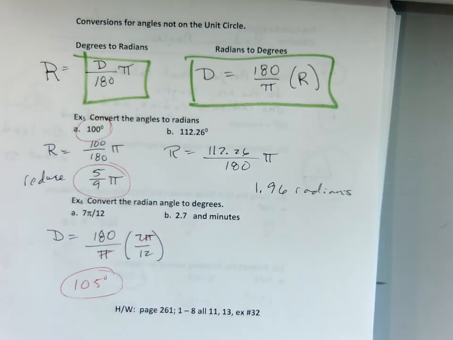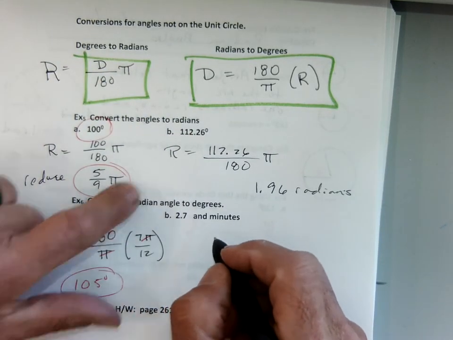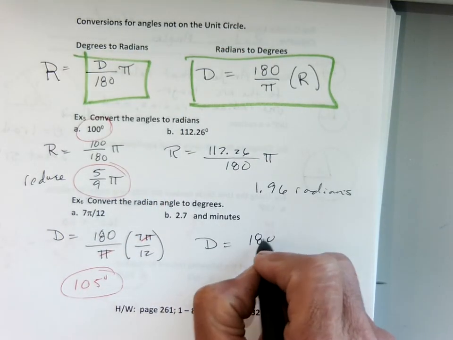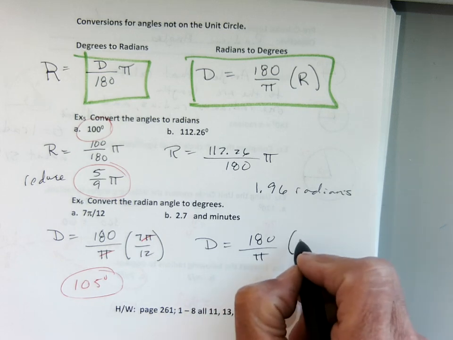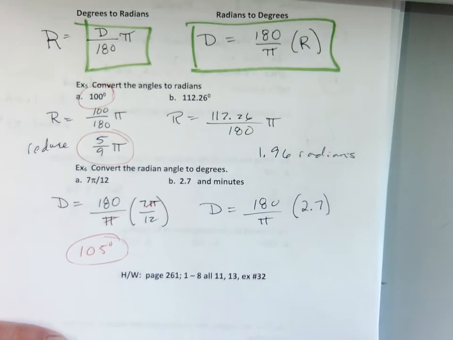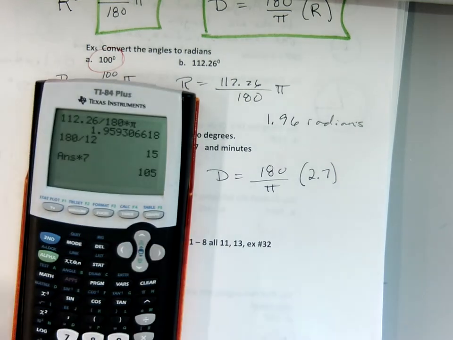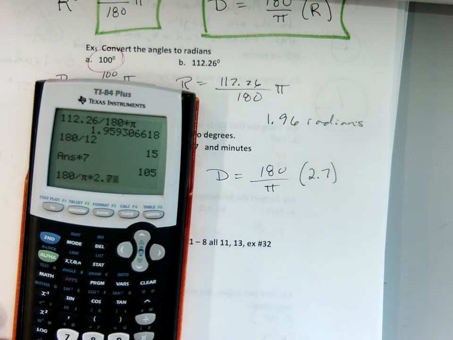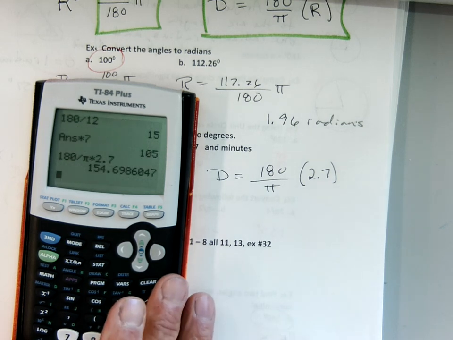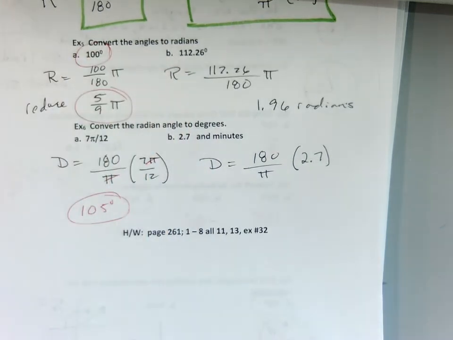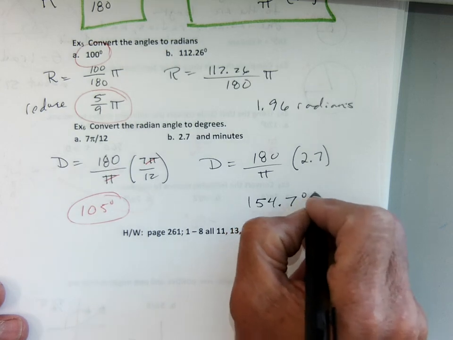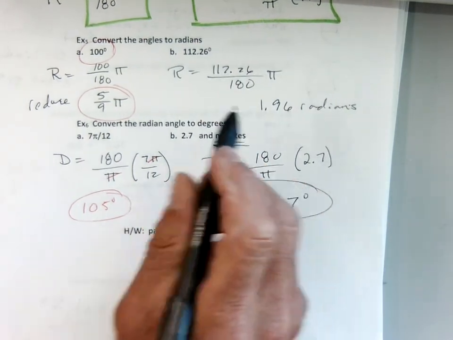Just use our formula: my degree is going to equal 180 over pi times my 2.7. I get an answer of about 154.7. That's kind of what I thought, over there somewhere. About 154.7 degrees. And we'll talk about minutes tomorrow.